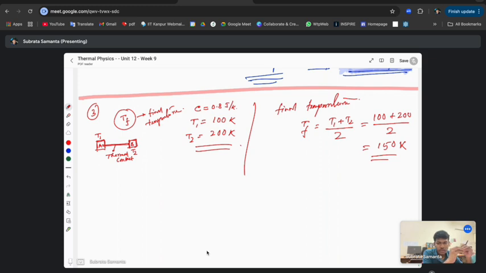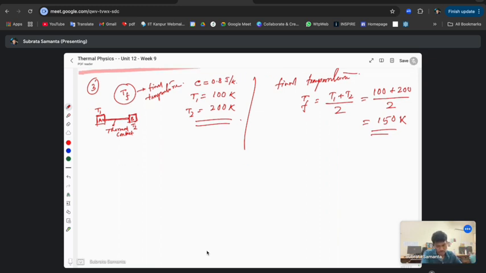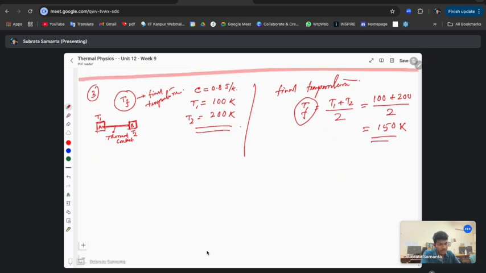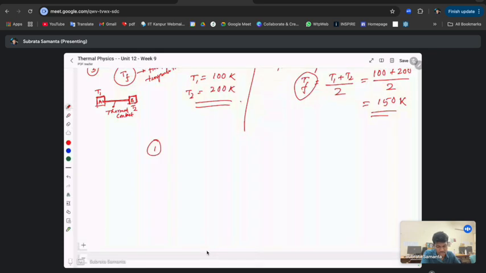Now if you calculate the entropy change in the first body, it changes from 100 to the final temperature 150, because they reach a common temperature TF when they are in thermal contact. So first I have to calculate the change in entropy of the first body.